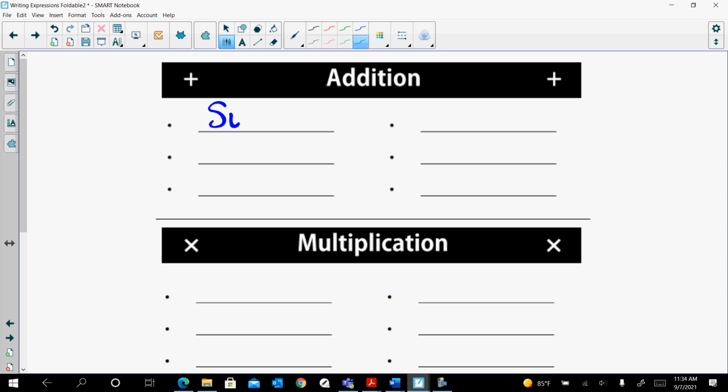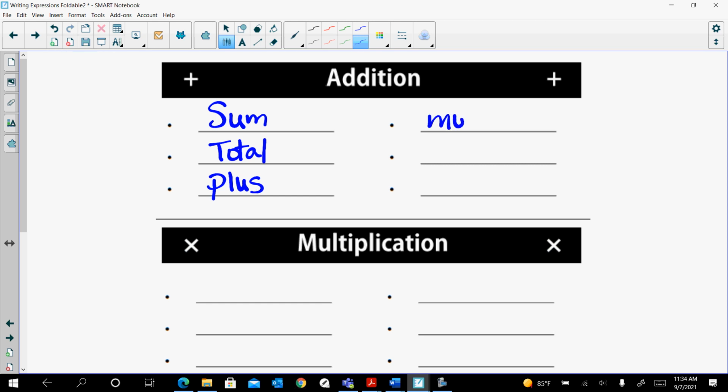If you see the word sum, that's gonna mean you gotta do a plus sign, an addition sign. If you see the word total, so fill in these parts to make sure, because I'm gonna give you the phrases. You're gonna have to recognize the key word and then associate that into an algebraic expression. So sum, total, plus, that's indicating addition.